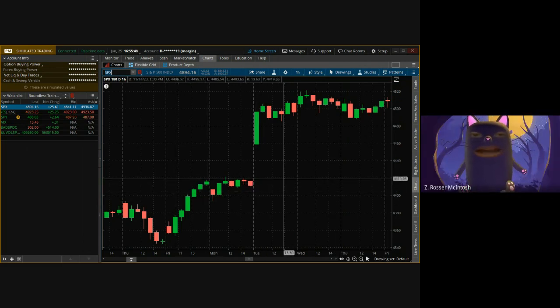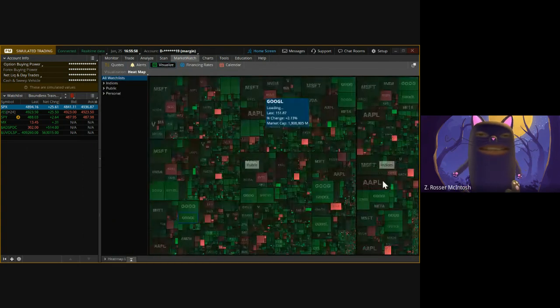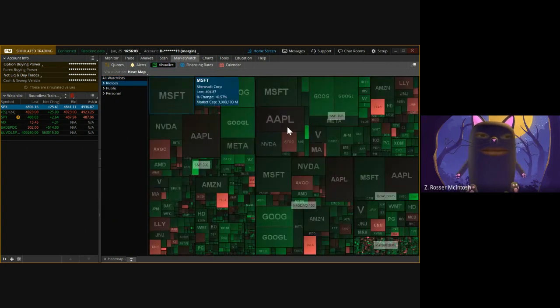Go to Market Watch, then go to heat map, visualize, and then go to indices. Hit the down arrow on indices, and then hit S&P 500.